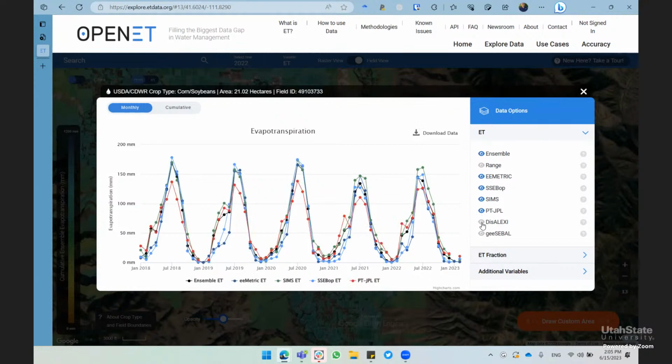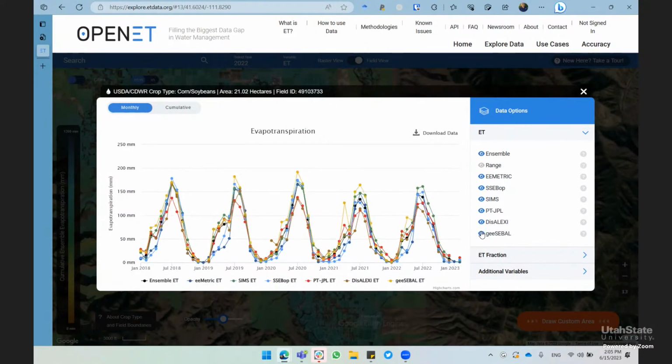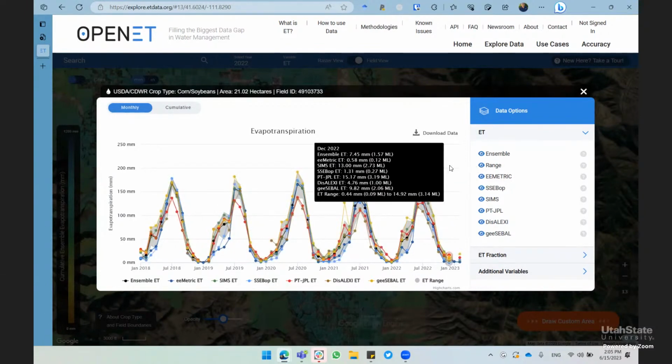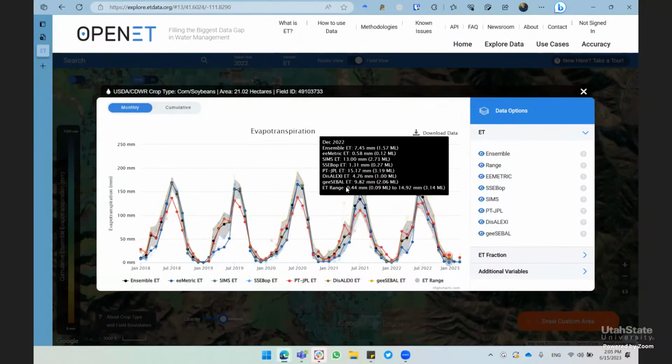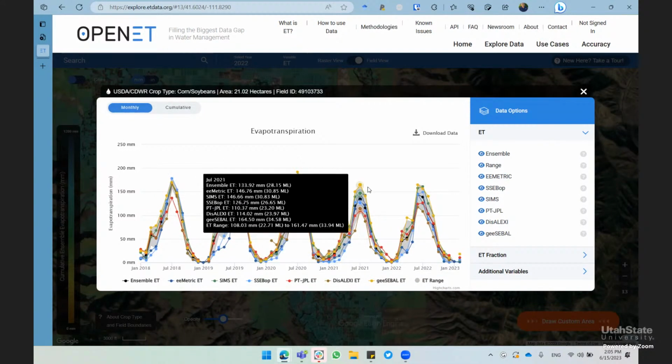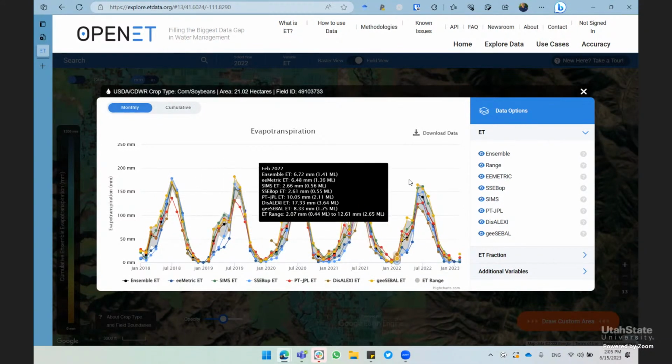I can choose in the options that particular model I'm more familiar with. So not all the models give you the same value. Now Catherine has selected all the models, each model represented by a dot color, and you see that not all the models give you the same value.